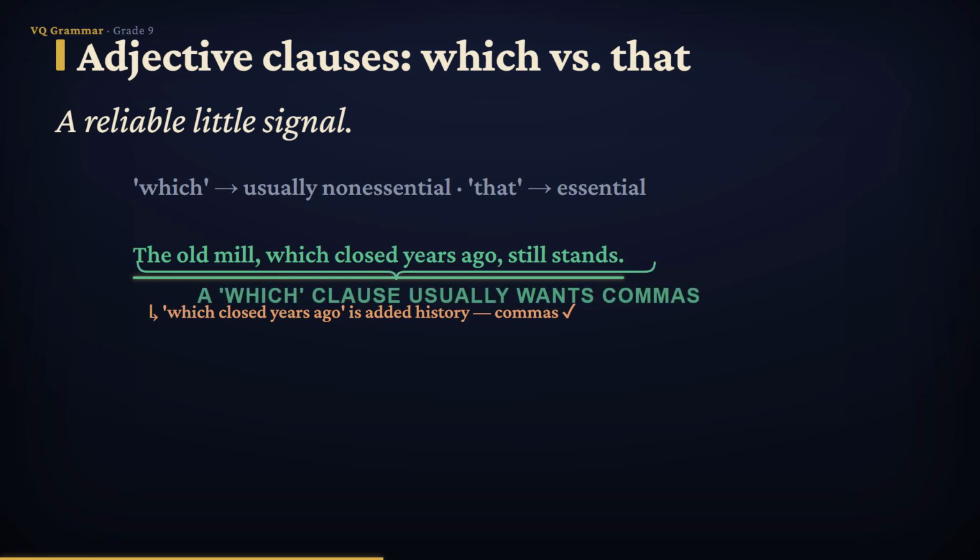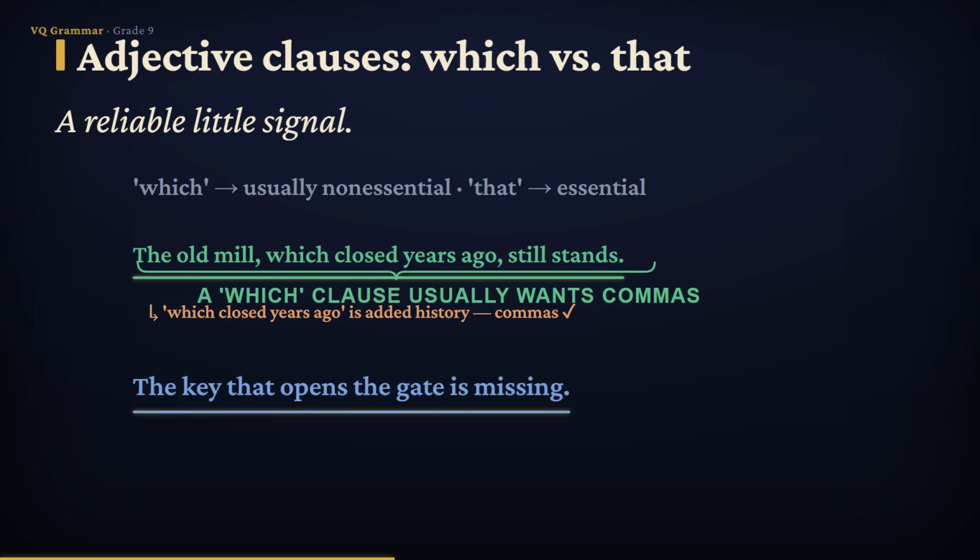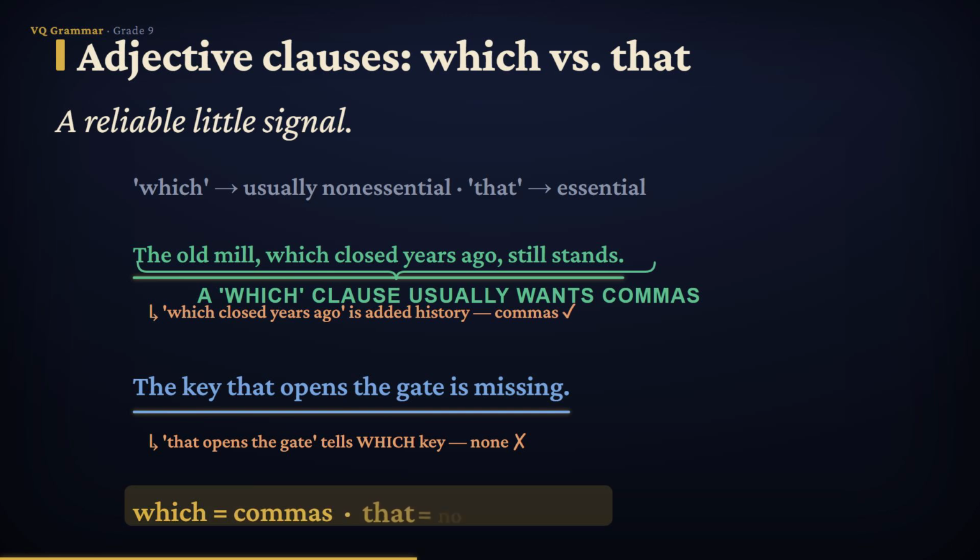So we fence it off with commas. Now the other kind. The key that opens the gate is missing. The clause that opens the gate tells us which key among many, so it's essential and takes no commas. Keep that signal in your pocket. A which usually wants commas, and a that usually wants none.